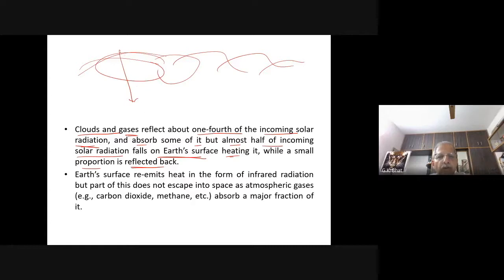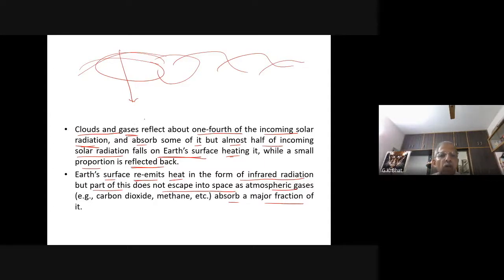About 50% of solar radiation strikes the Earth's surface, heating it. The Earth's surface re-emits heat in the form of infrared radiation, but part of this does not escape into space, as atmospheric gases absorb a major fraction of it.